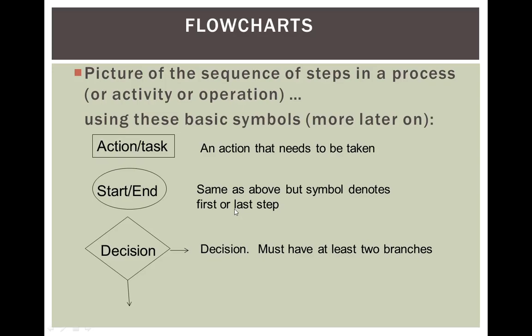The diamond represents a decision, and it must have at least two branches. It can have three or four or five or however many you want, but the purpose of the flowchart is to show the steps in a process.